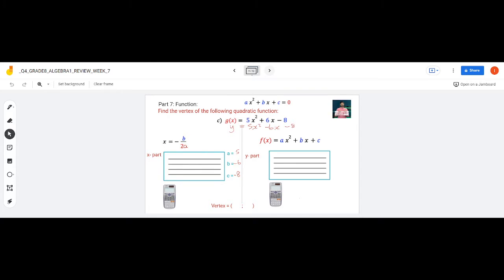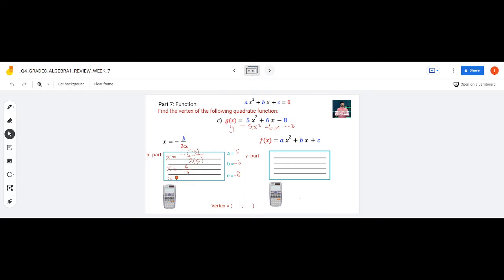I'm going to substitute now my B and my A value. So what's my b value? My b value is negative 6 and my a value is 5. If you evaluate that in your calculator, you get negative and negative, that's positive. So you get 6 over 10. Now you can simplify that a little bit more.